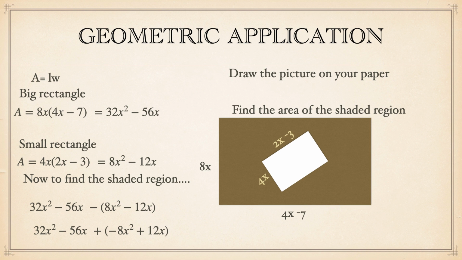And I've changed the signs on the inside of my parentheses. And now I'm just going to combine my like terms. 32x squared minus 8x squared, and minus 56x plus 12x. And when I do that together, all right, I'm going to get 24x squared minus 44x.